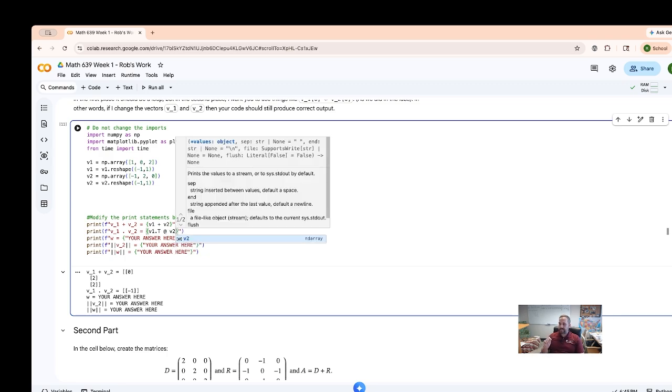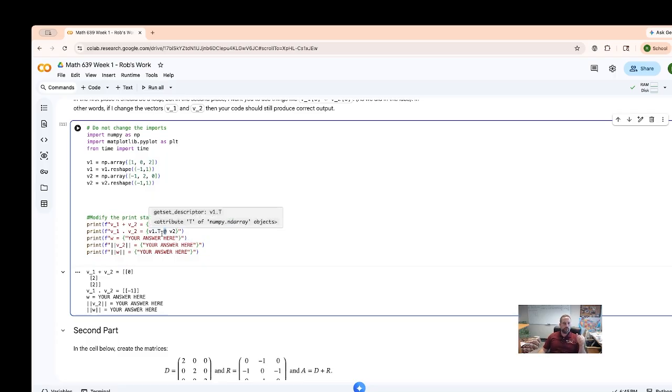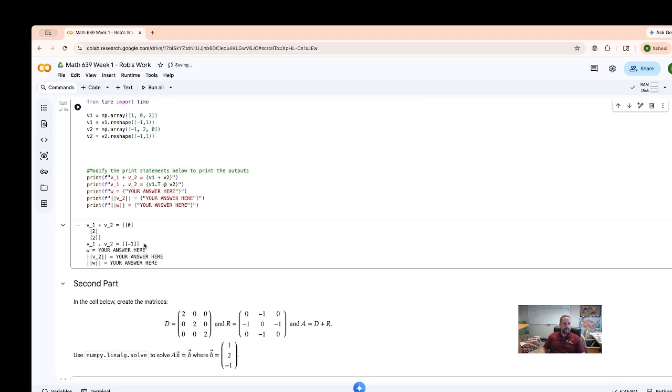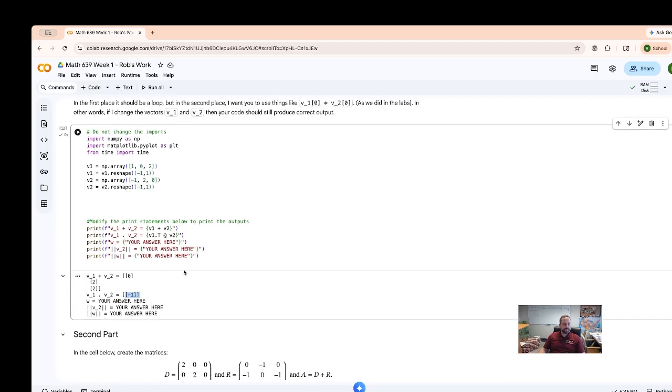So when you're dealing with two matrices, the at symbol is an overloaded symbol, or a new operator, that just means to do the dot product. This is exactly equivalent to what I had before, which was np dot dot. So we're going to run this again, and again here we get minus 1.